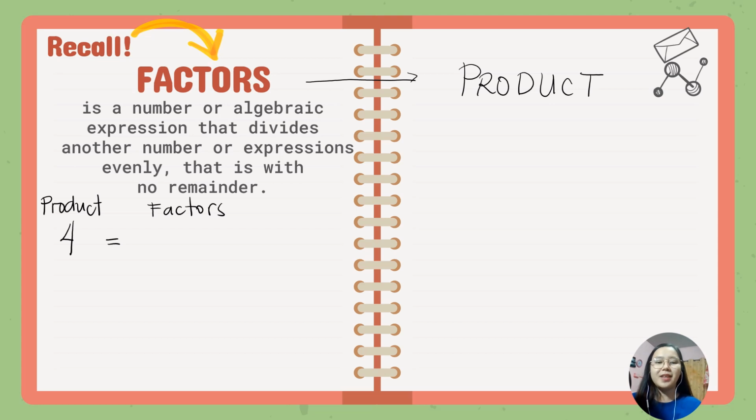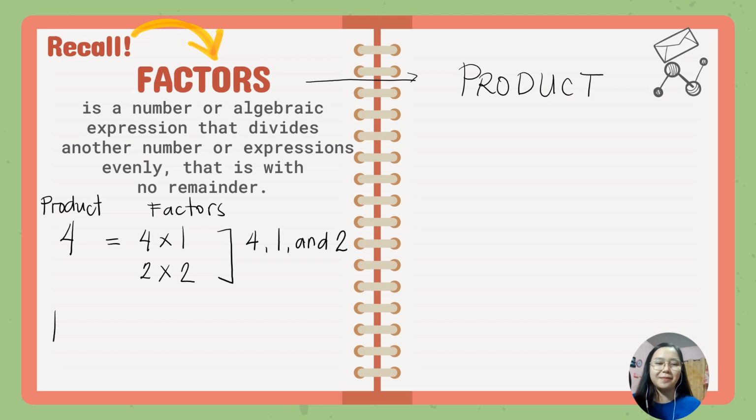We have 4 times 1 is equal to 4. We also have 2 times 2 is also equal to 4. Therefore, the factors of 4 are 4, 1, and 2.